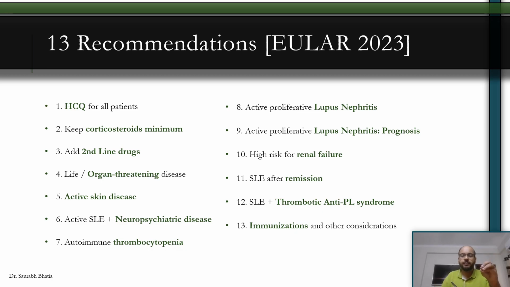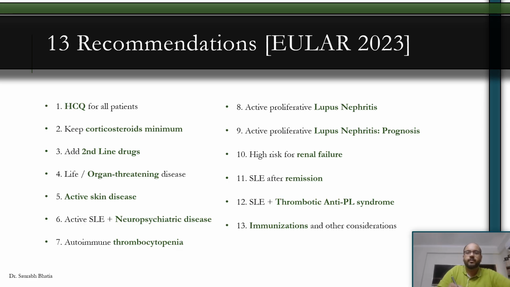Make sure you treat people who have high risk for renal failure. What to do after remission of SLE, gradually taper, stop steroids first, then other DMARDs. In SLE and thrombotic antiphospholipid syndrome, add anticoagulants, add aspirin. In immunization and other considerations like bone health, screen for malignancies. So these are the 13 recommendations as per EULAR 2023.